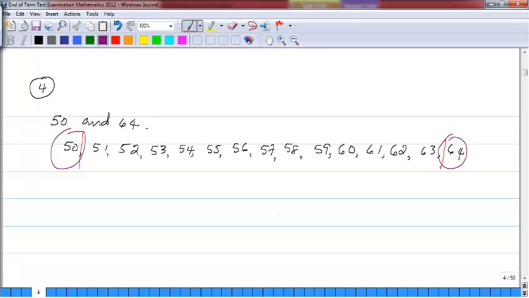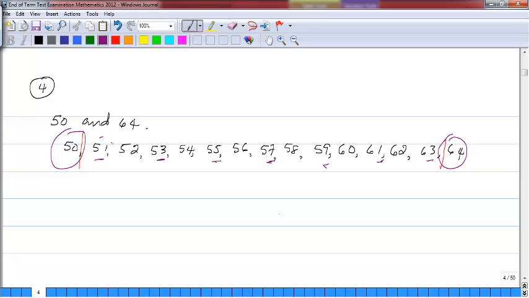So our odd numbers would be 51. If we divide 51 by 2, we are going to end up with a remainder. 53 is also odd. 55 is odd. 57 is odd. 59 is odd. 61 is odd, and 63.